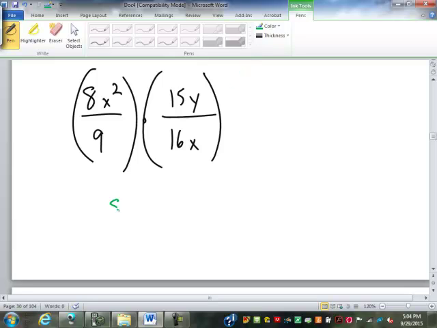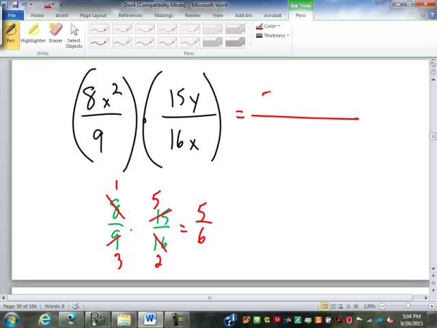So I'd pull out the numbers, 8 over 9 times 15 over 16, and I'll reduce them. 9 and 15 can both be divided by 3, which will give me 3 and 5. 8 and 16 can be divided by 8 to give me 1 and 2. So I get 5 over 6. So the numerical part of my answer is going to be 5 over 6.